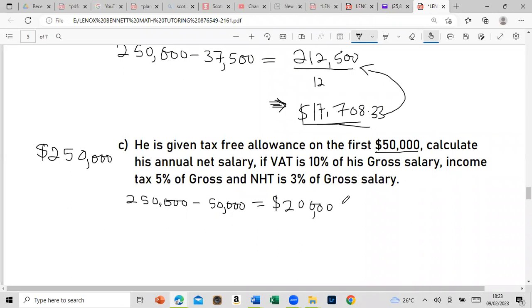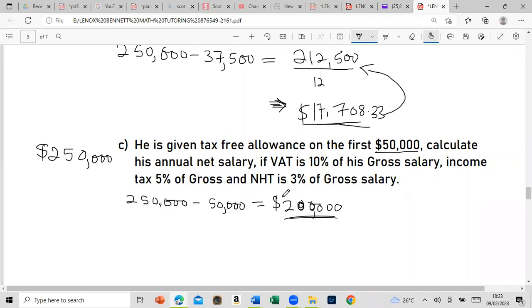That means only the 200,000 is taxed. But why did I say gross? If you have a tax-free allowance, it wouldn't be the gross.